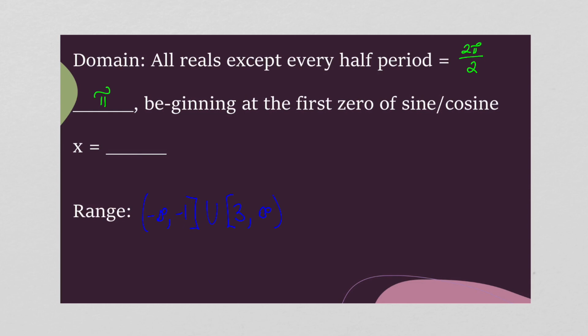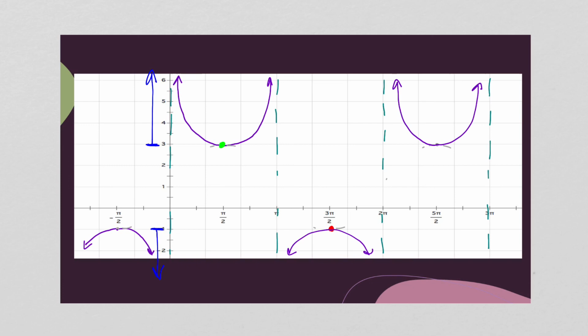All real numbers except every pi. And if you look at your graph, you can see why that is. There is pi. So it's all real numbers except this here, because we're going in between the asymptotes. And so there would be another pi, and there would be another pi.